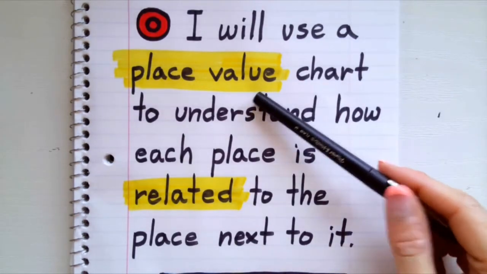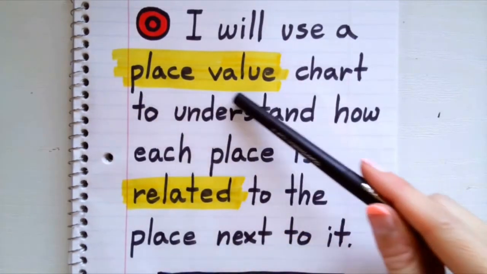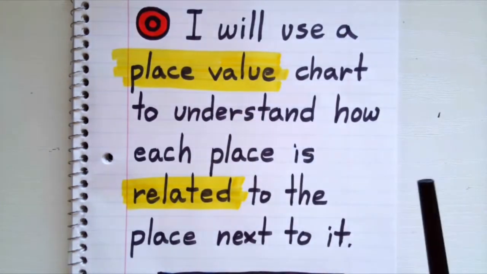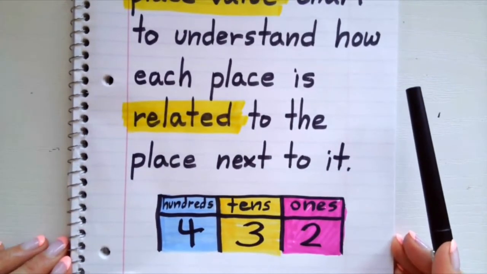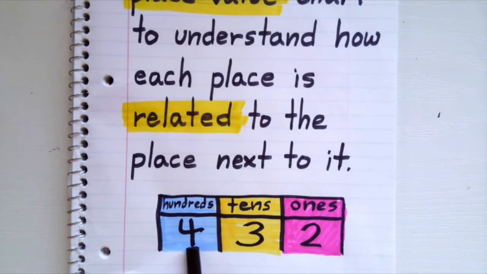What do you remember about the word place value? Down here at the bottom, I have written a number in a place value chart. How do we say this number?